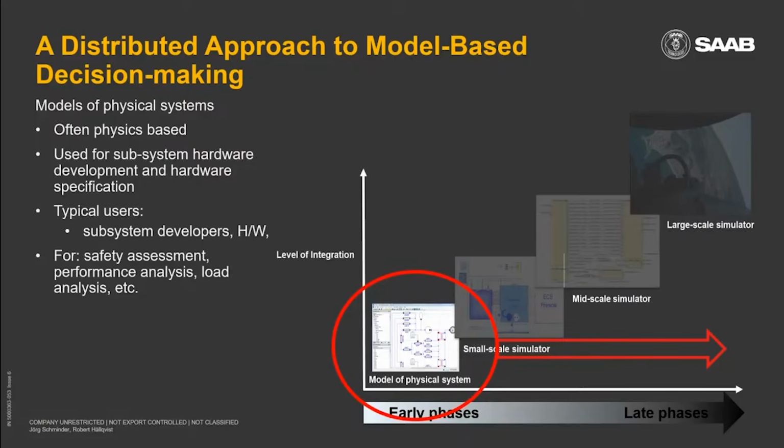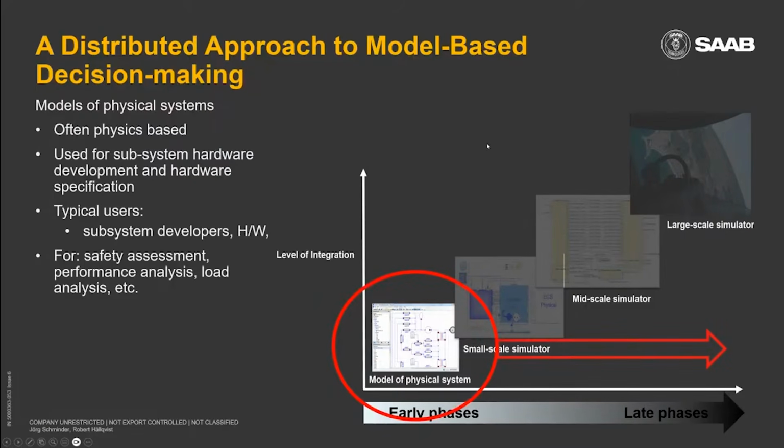So when developing this model of the hardware, we do a lot of simulations to mature the model and to specify the hardware to be included in the subsystem and so forth. And we use this model for safety assessment, performance analysis, load analysis, etc. And here I try to indicate that we are using the model throughout the life cycle phases.